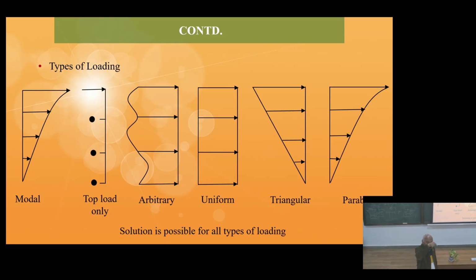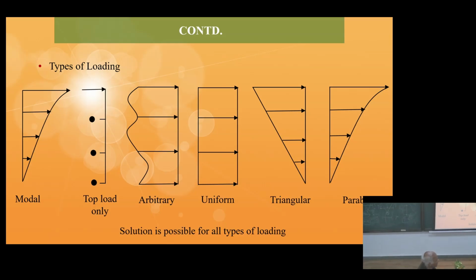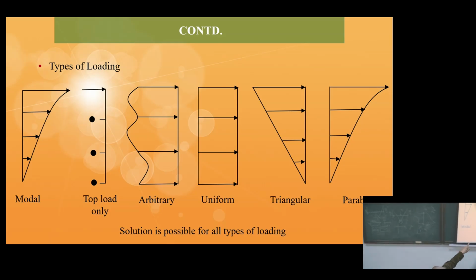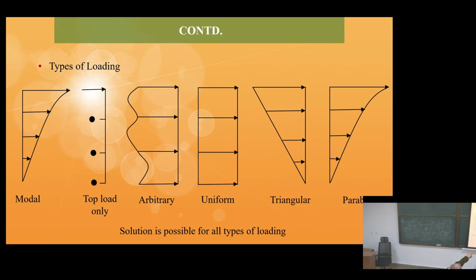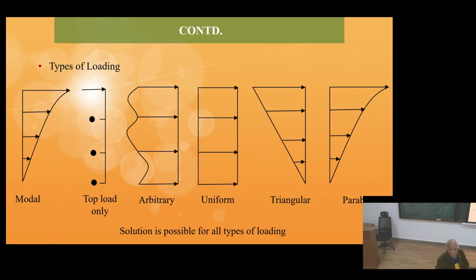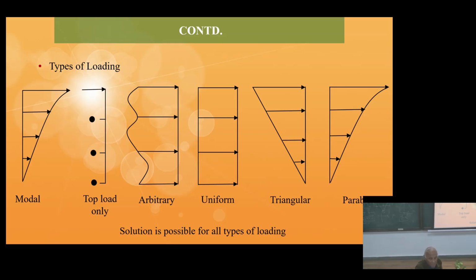Could be a single force at the top, this is the top load only, that means this and this point, zero load. This is one type of loading. This is arbitrary loading. Any load, they don't have any relationship with each other.